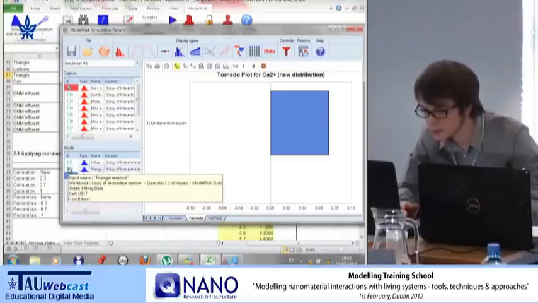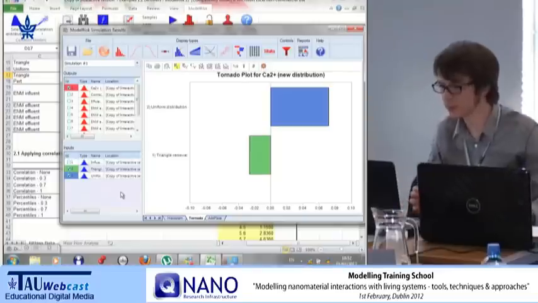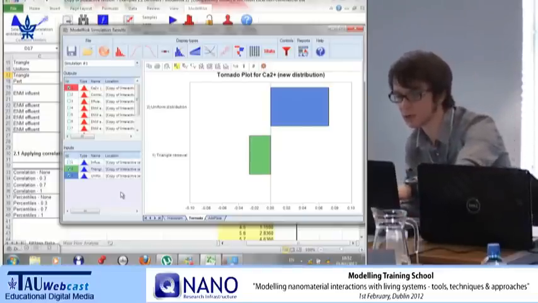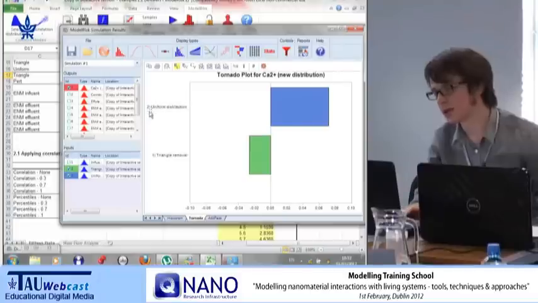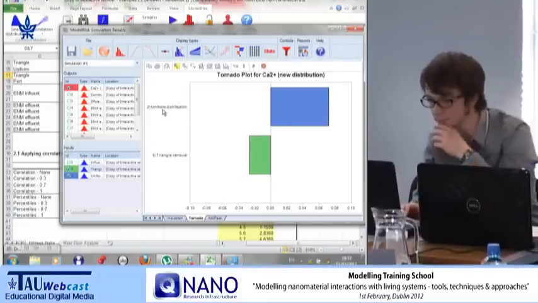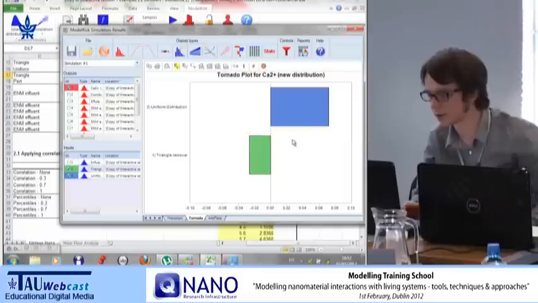And this is what's called a tornado distribution. This tells you the influence of the two elements: removal efficiency, and the initial concentration in the influent. And this tells you the relative influence on the final concentration in the effluent. So this has a negative effect.